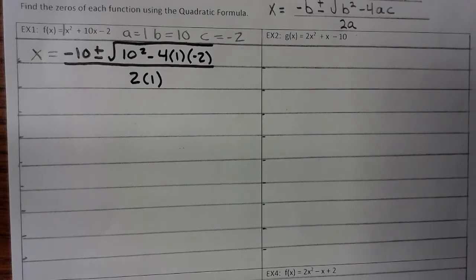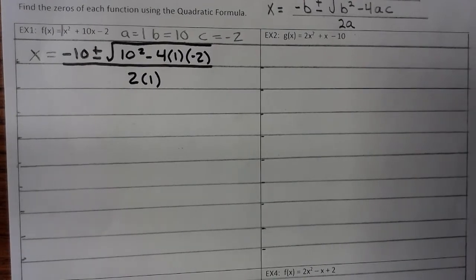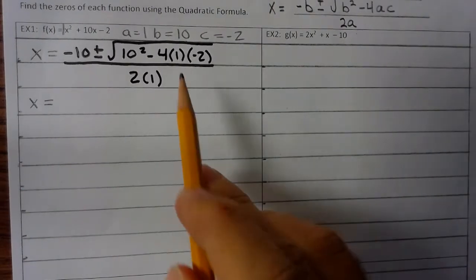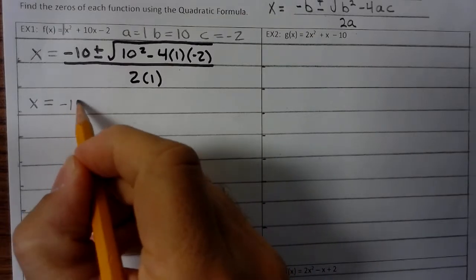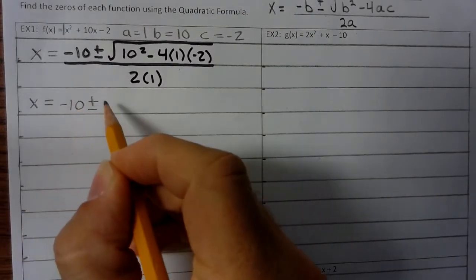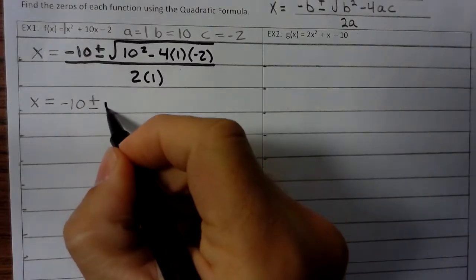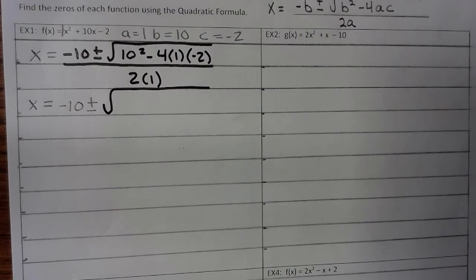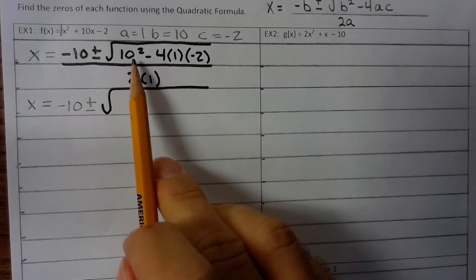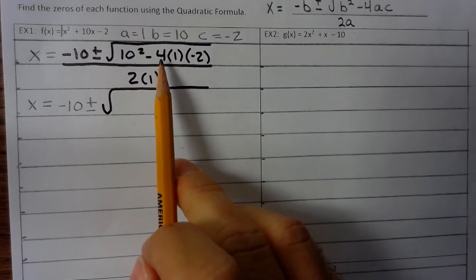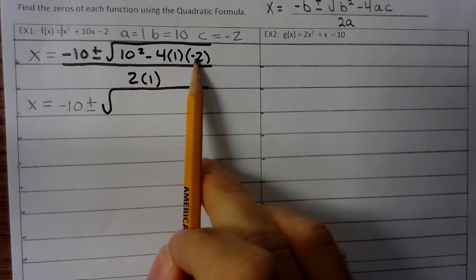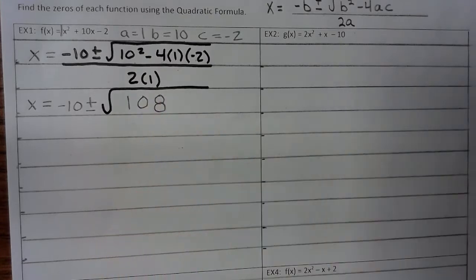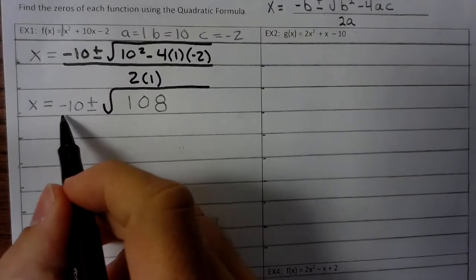Okay, so x equals negative 10 plus or minus the square root of, now 10 squared is 100, plus a negative times negative, so that's 8. So 100 plus 8 is the square root of 108, divided by 2.